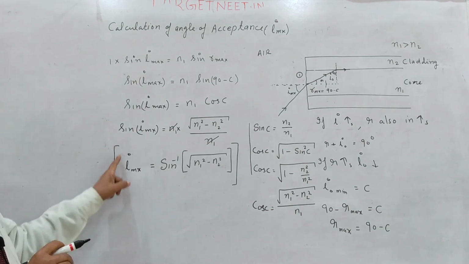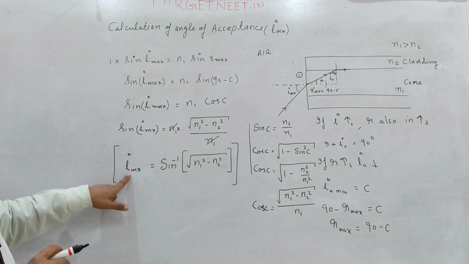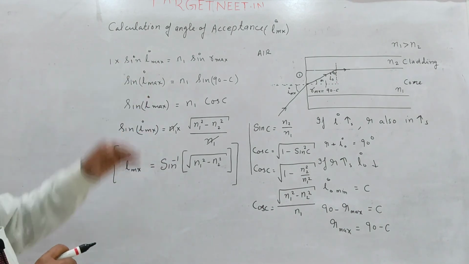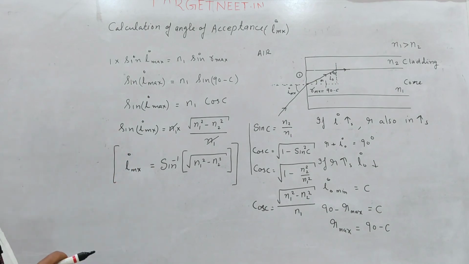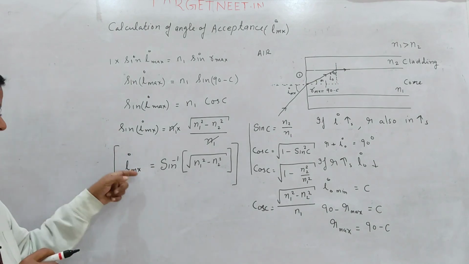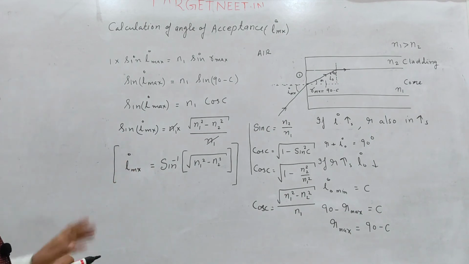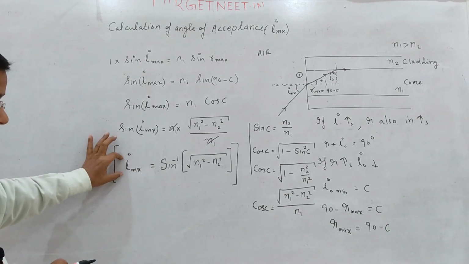Theoretically, your angle of incidence should be slightly lesser than this. Then proper total internal reflection will take place at the core-cladding interface and light will propagate inside the optical fiber. So our angle of incidence should be slightly lesser than this. So this angle is called the angle of acceptance.